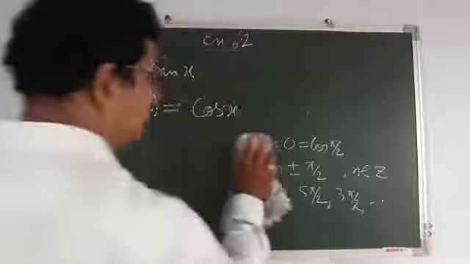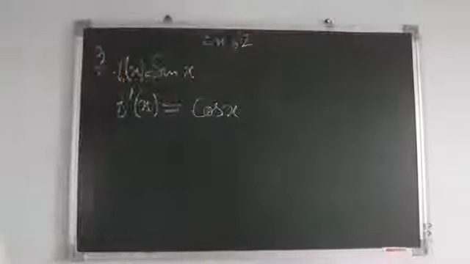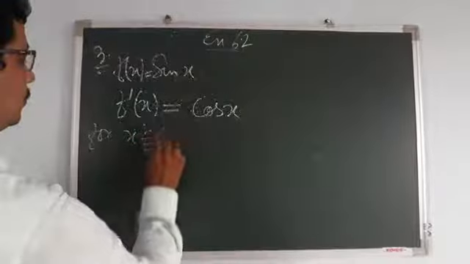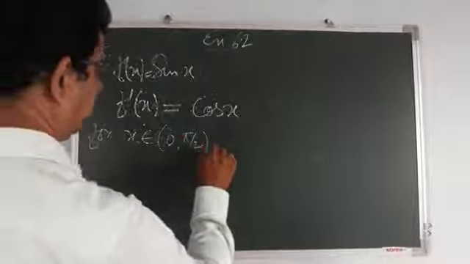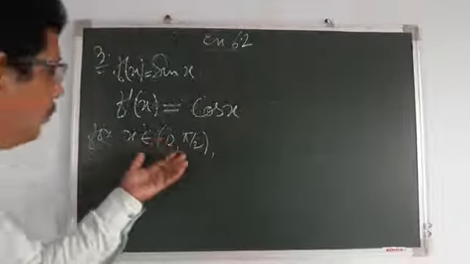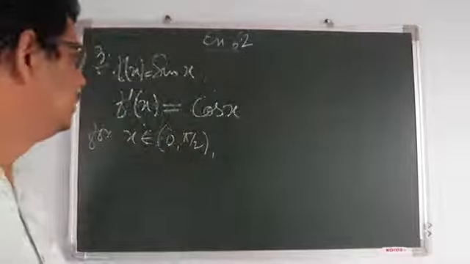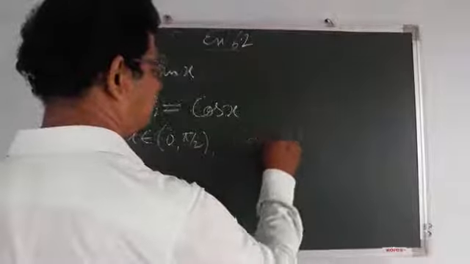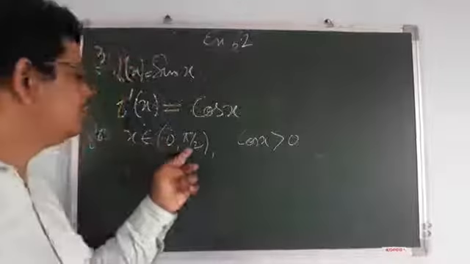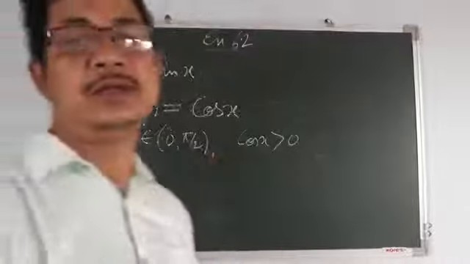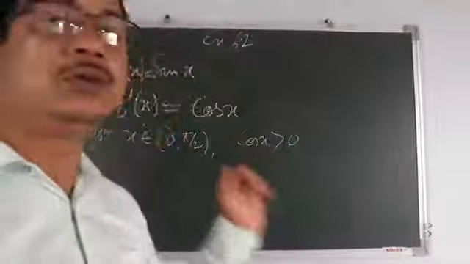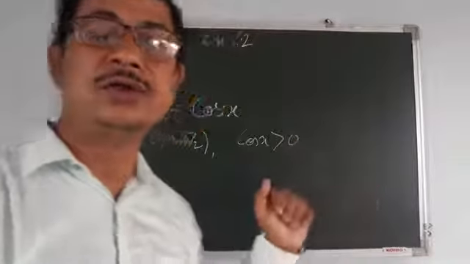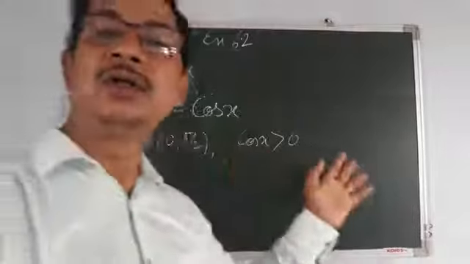Now for x belongs to 0 to 90 we have taken. If we take any value between 0 to 90, open interval, then cos x is always positive. Suppose in between 0 to 90 we put 30: cos 30 is root 3 by 2, a positive term. Cos 45 is 1 by root 2, positive; cos 60 is half. So always it is positive.